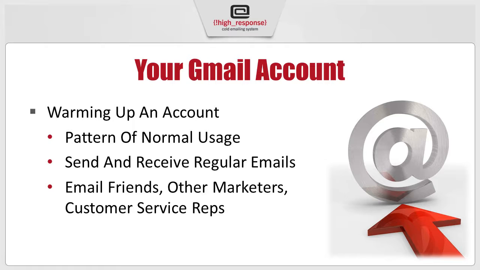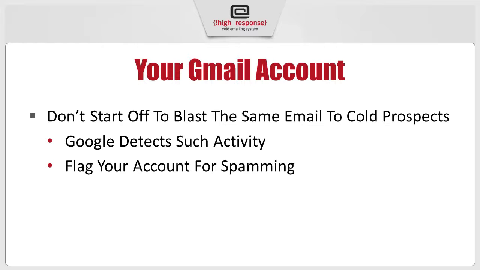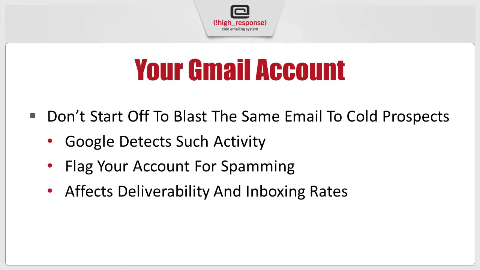Email your friends, other marketers, customer service reps, people like that. By no means should you start off using it to blast the same cold email to cold prospects. What's going to happen in that case is Google will detect that kind of activity, and they're going to flag your account for spamming, which in turn affects your deliverability and inboxing rates.